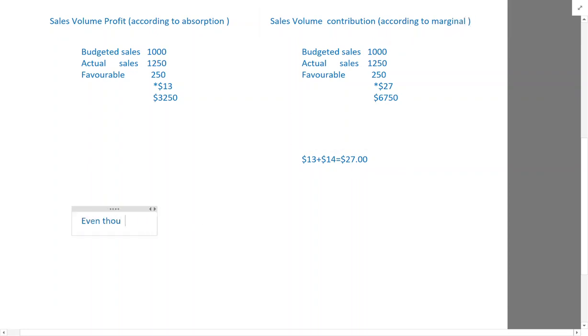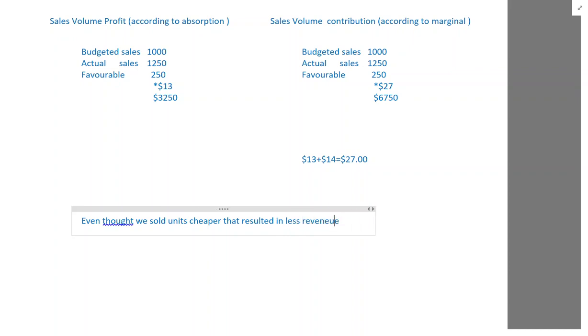So even though we sold units cheaper, that resulted in less revenue than we should have earned.